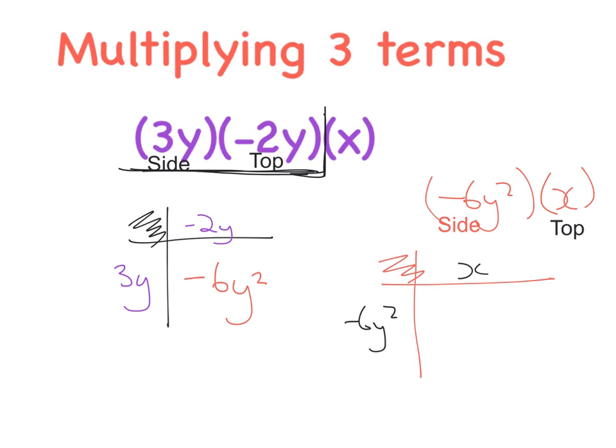And you can write 1x there to help you. So let's multiply. We have a minus by a plus, and a minus by a plus gives me a minus. We have 6 multiplied by 1, which is just 6. And we have y squared multiplied by x. And so that will just give me y squared x. And so the answer to this question here, when you're multiplying 3 terms, is minus 6y squared x.